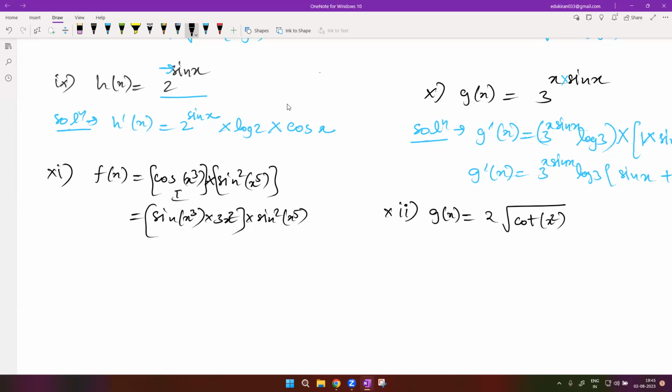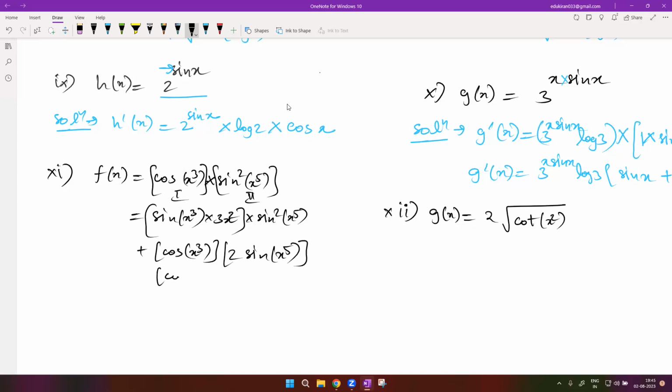Differentiation of first, second as it is, plus first as it is, differentiation of second. Now differentiation of second will be sin square x to the power 5. How will sin square x to the power 5 be differentiated? First of all, there is a constant power, so it should be 2 sin x to the power 5, right? Then we will move on to sin.